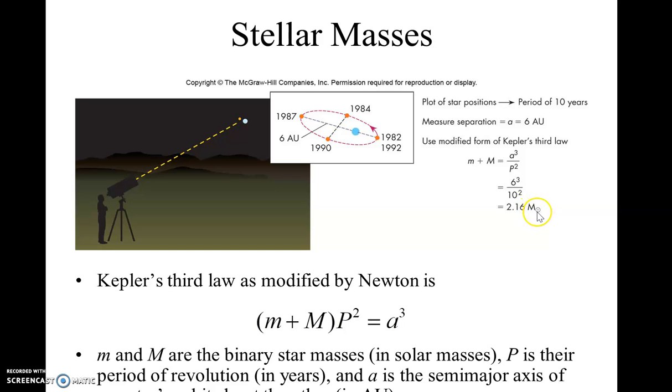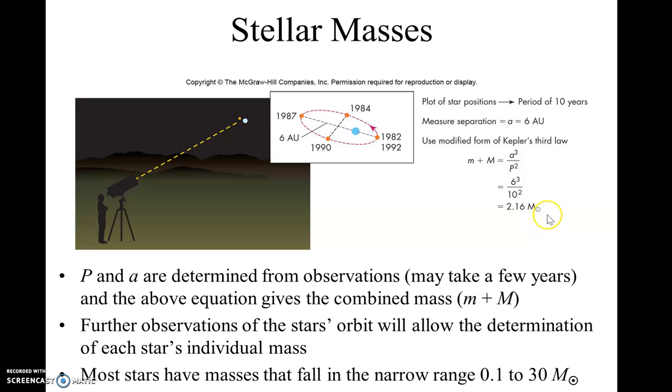The M with a circle with a dot in the middle as the subscript indicates the Sun. I usually write M sub sun. Most stars have a range anywhere from about 1/10 the mass of the Sun to 30 times the mass of the Sun.